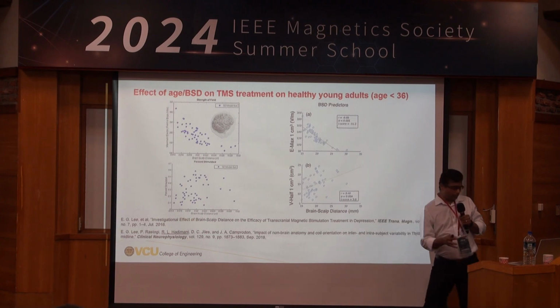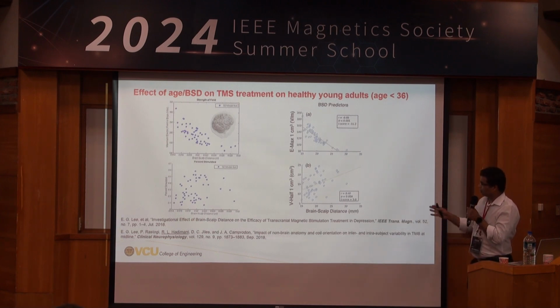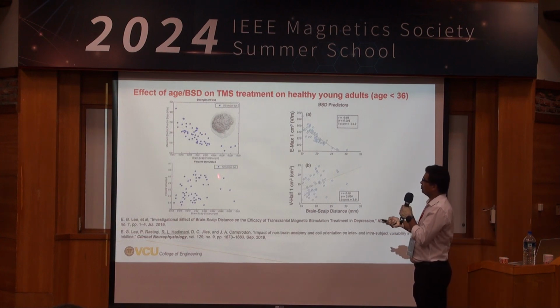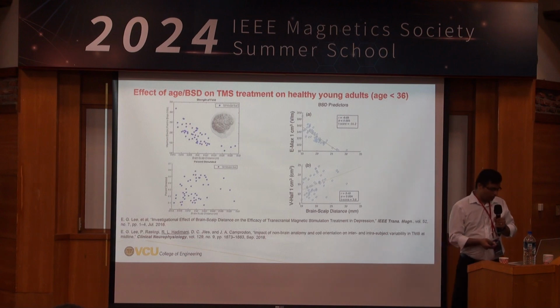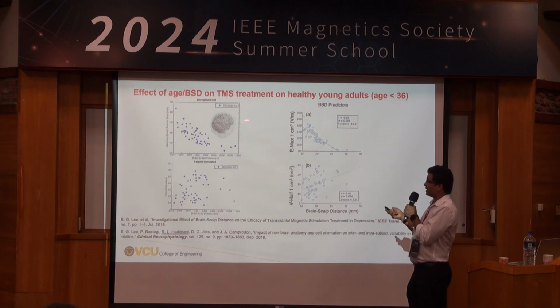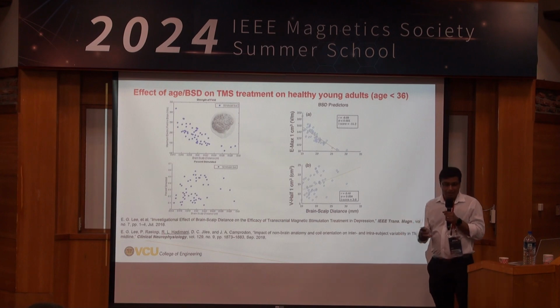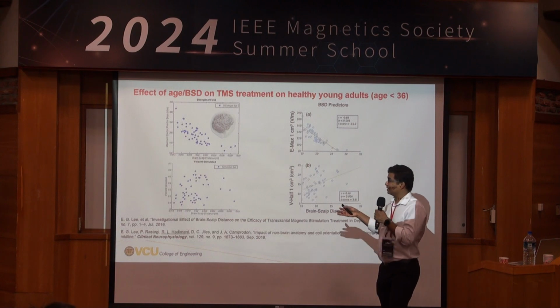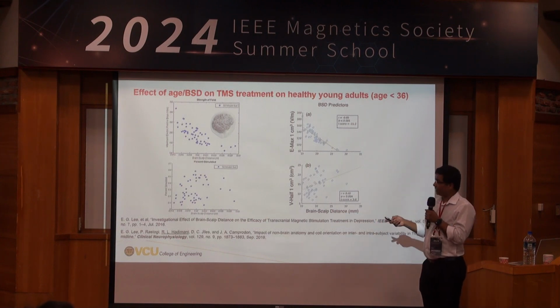So before I go in depth into the results, the motivation to do the clinical trial comes from our previous study where we were looking at how the anatomical features influence the induced electric field.